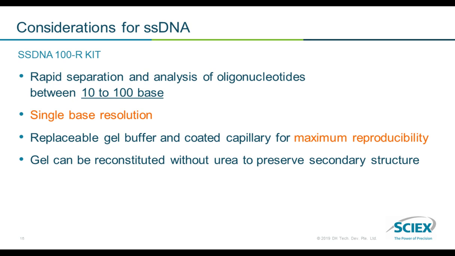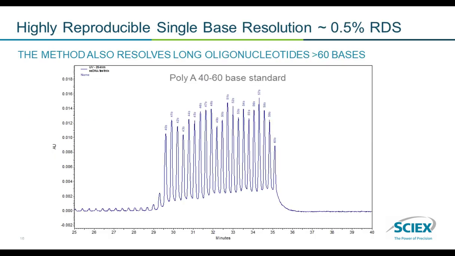With this kit, you get single base resolution. We use a replaceable gel buffer with a coated capillary for maximum reproducibility. If you would like to study oligonucleotides having secondary structure, you can reconstitute the gel without urea to preserve the secondary structures.